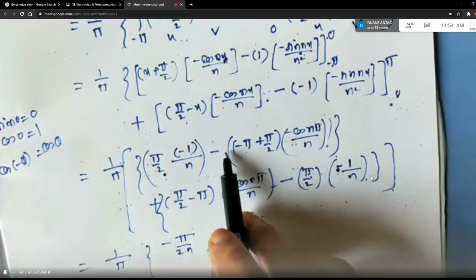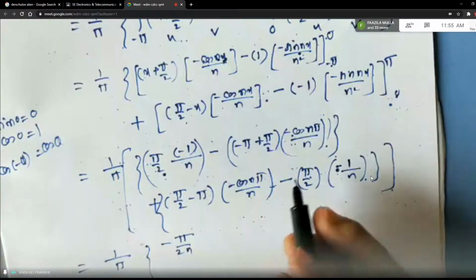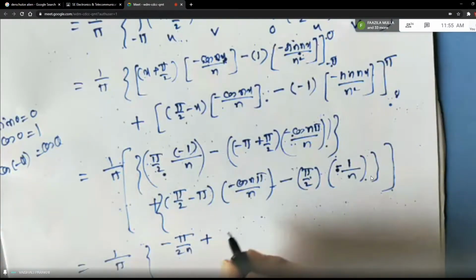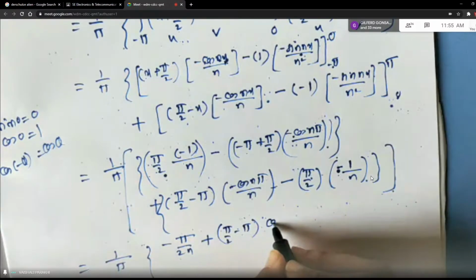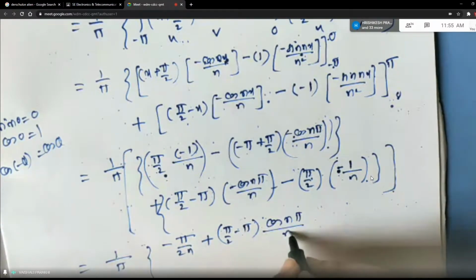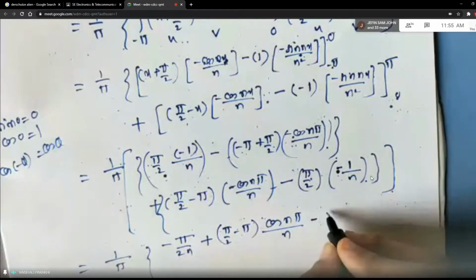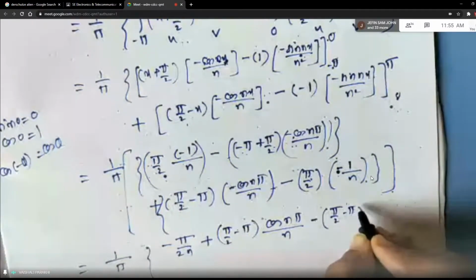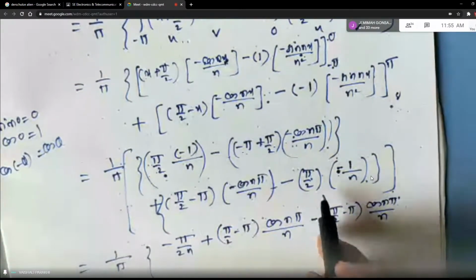Minus, if I take minus n out, see this is minus into minus plus it will become, right? Plus, this is pi by 2 minus pi cos of n pi divided by n. I will interchange these terms. Here what is this? Minus n will come out and this is pi by 2 minus pi cos of n pi by n. Okay. And this is minus into minus plus pi by 2n.